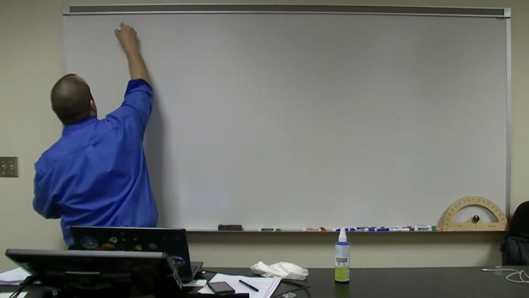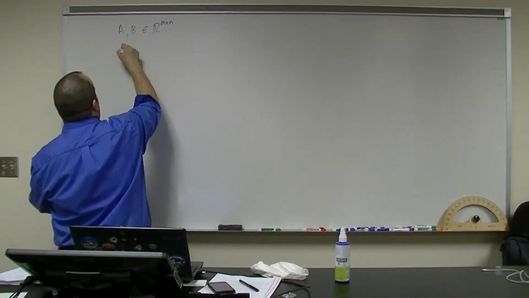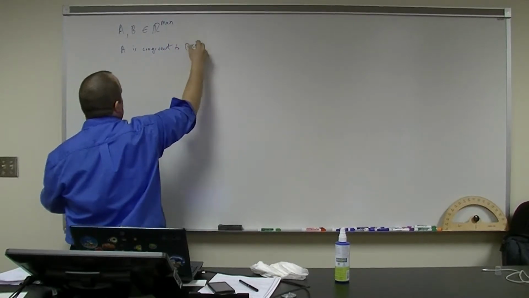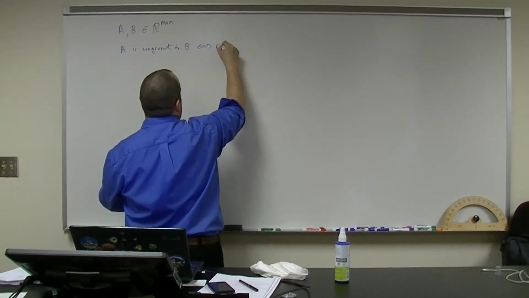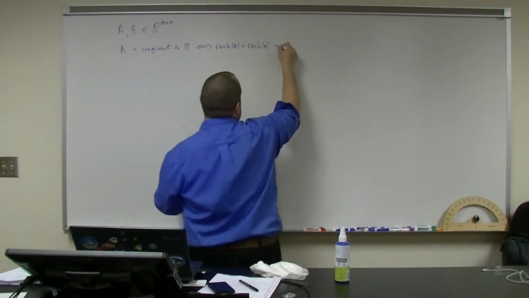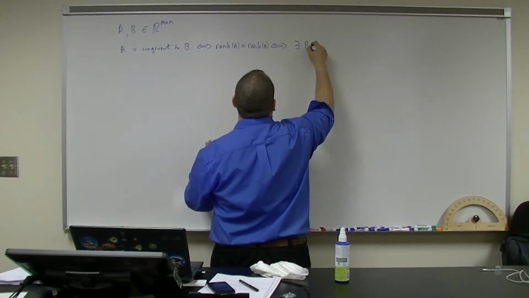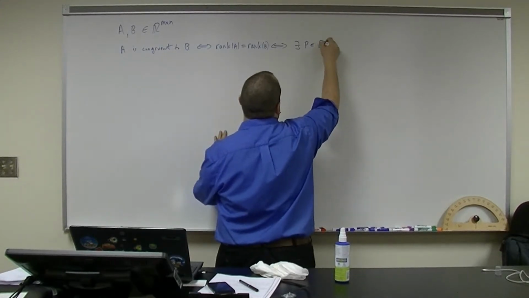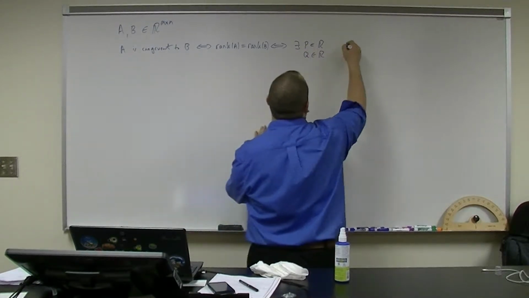But if A and B are m by n, then we say A is congruent to B, and we proved this if and only if the rank of A is equal to the rank of B, which is actually equivalent to saying that there exist P and Q such that what?